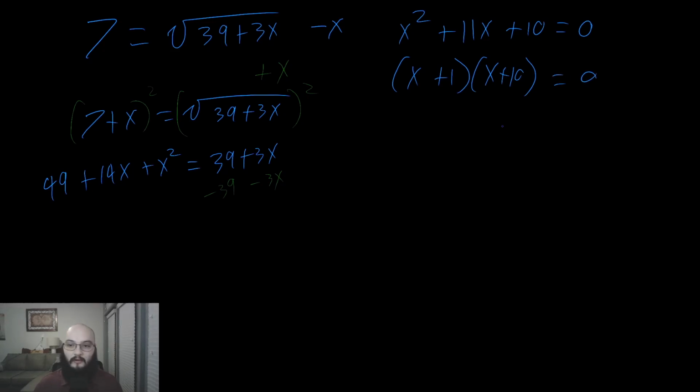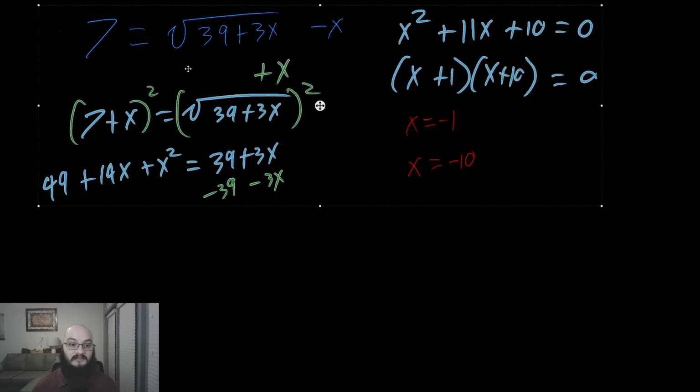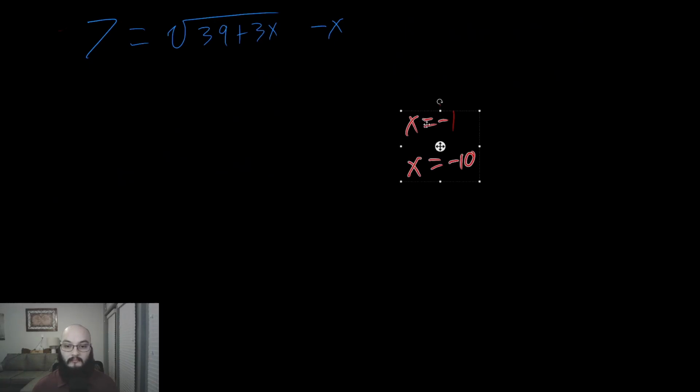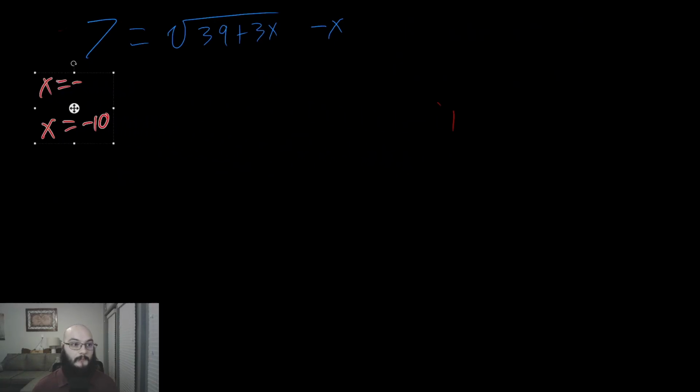And that's set equal to 0, which means that the two roots we could be working with are x is equal to -1, and x is equal to -10. Let's take these two solutions, toss them back into the original equation, and make sure that they do indeed work. So let's clear this up and move these up here.